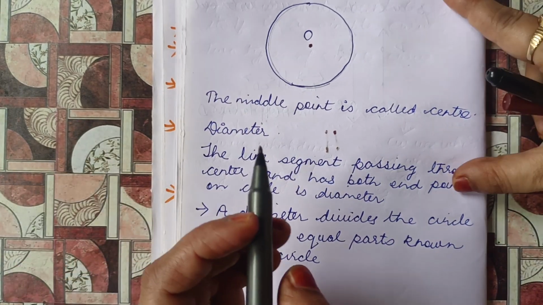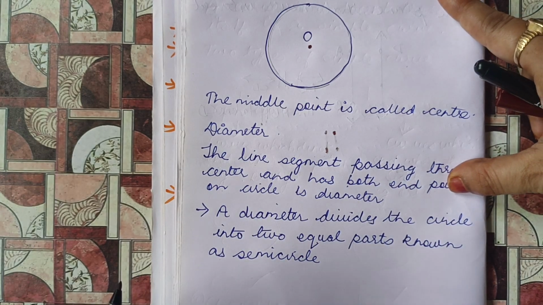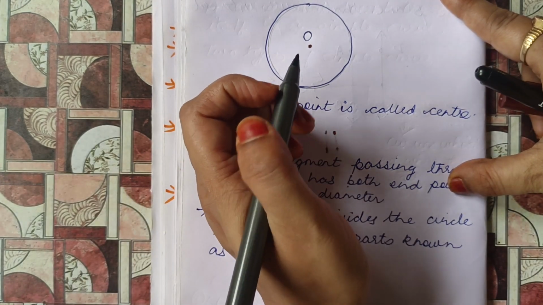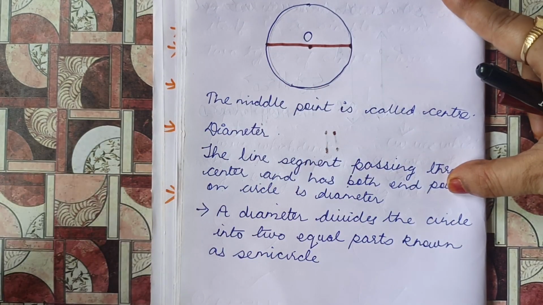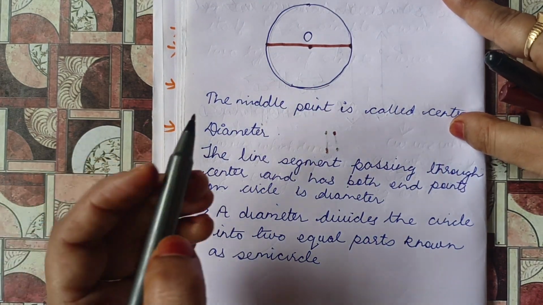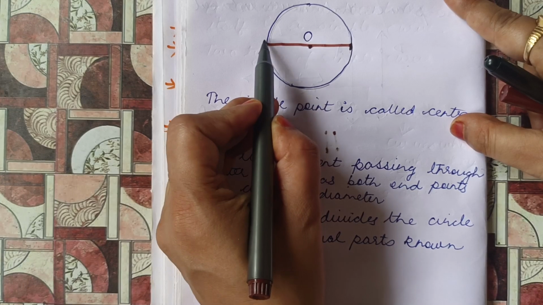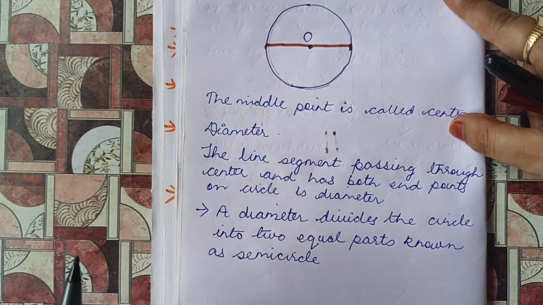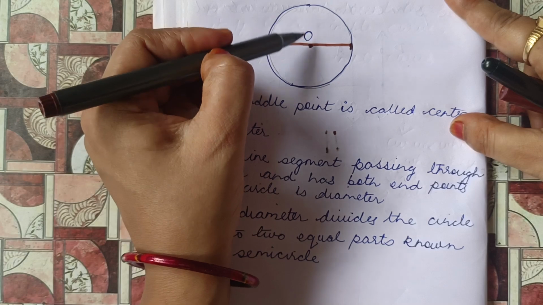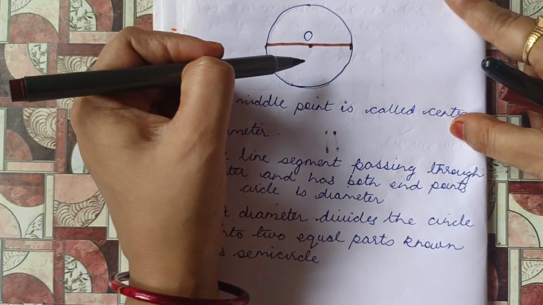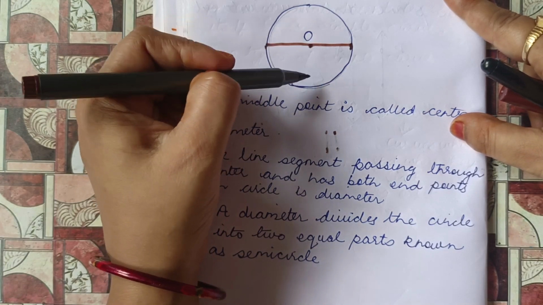See, this line which is passing through the center of the circle and has both endpoints is known as the diameter. This line has divided the circle into two equal parts, which are known as semicircles.